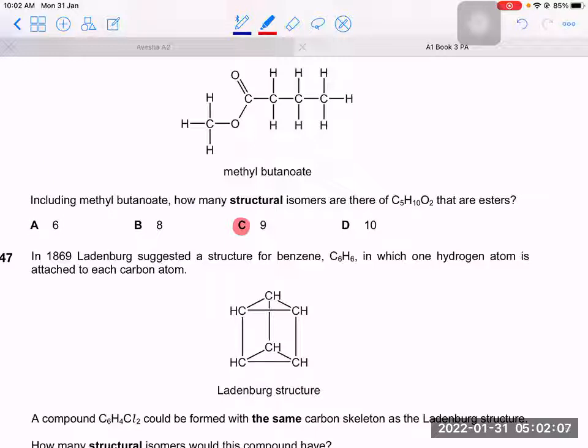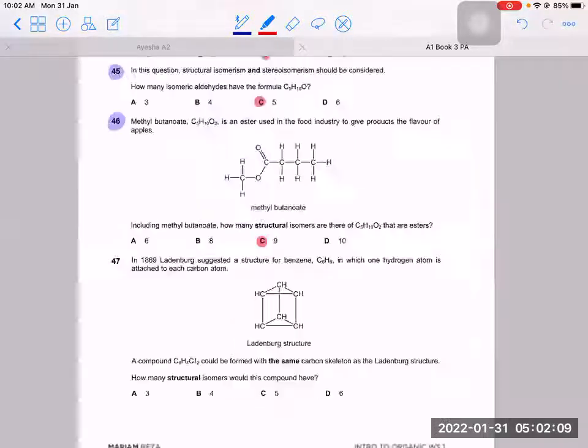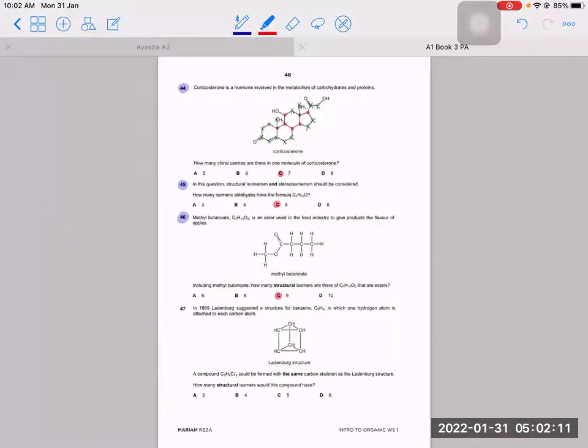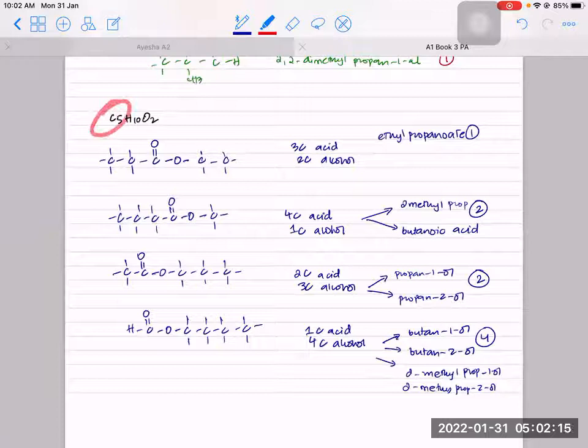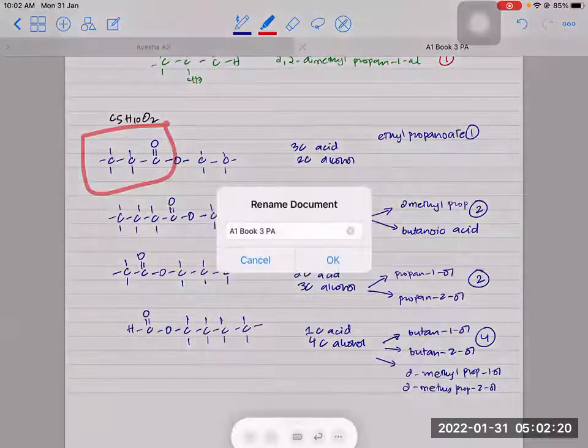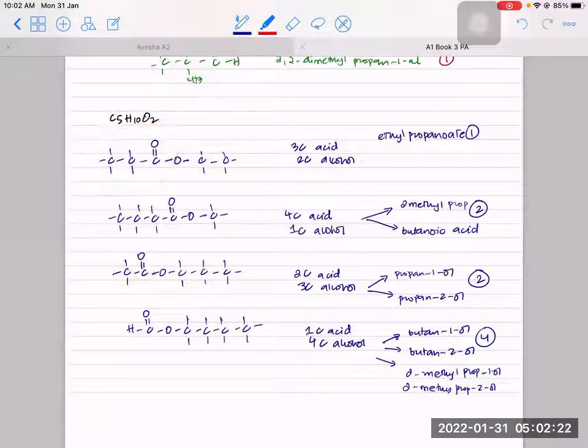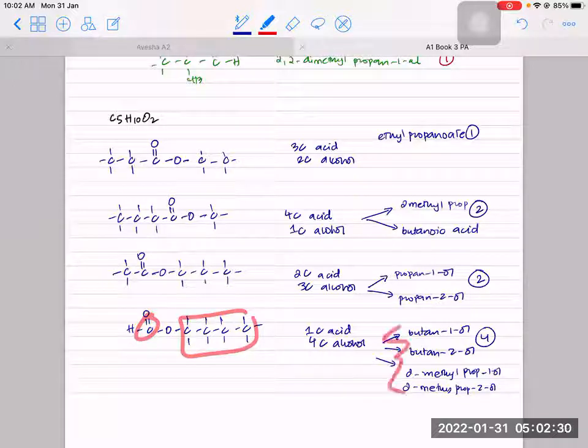Is this clear? This is the shortest way to do this. When you have esters, you'll be like, okay, 5-carbon ester. You can start with a 1-carbon acid, 4-carbon alcohol. The 1-carbon acid will always be methanoic. A 4-carbon alcohol can have 4 variations, so these will give you 4 different types of esters.